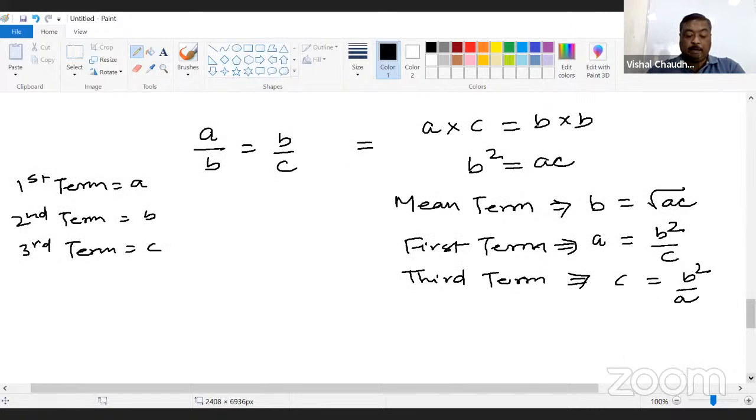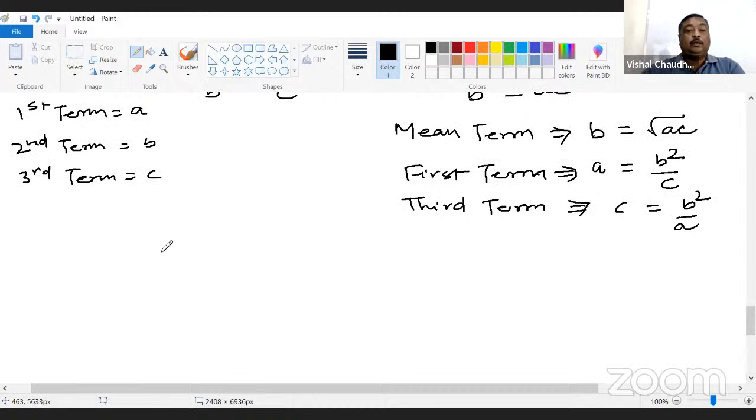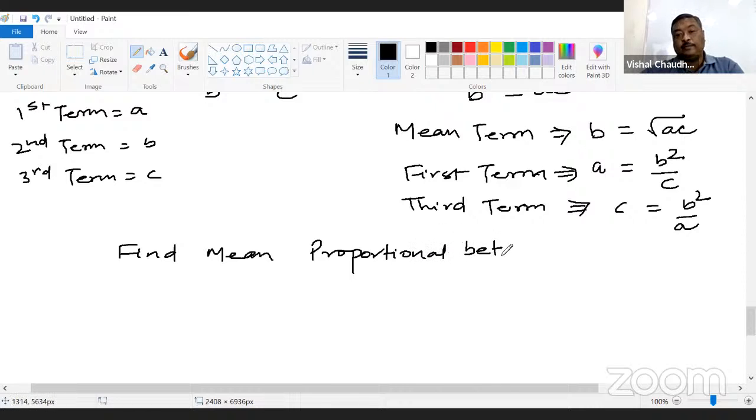Now let's take one example. Let's say I have to find the mean proportional between 5 and 45.